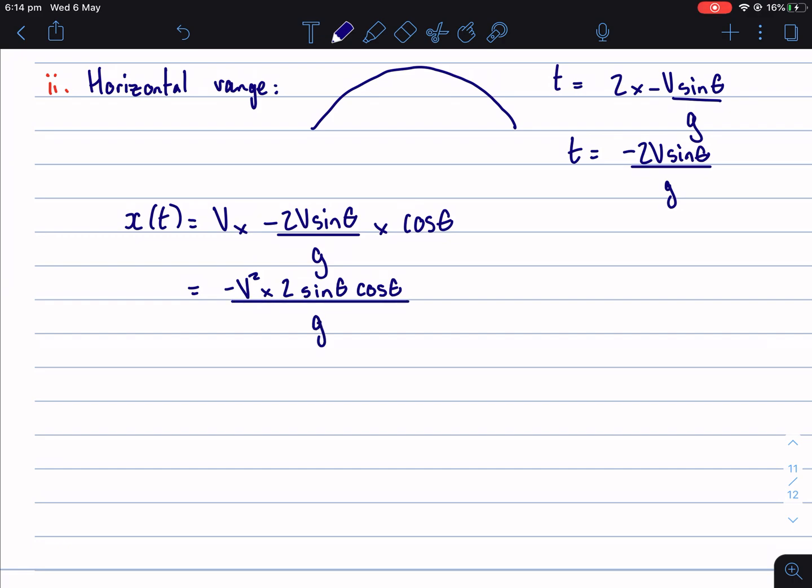Except I cannot remember for the life of me what that becomes. So I'm going to cheat. 2 sin theta. I'm Googling this. I cannot remember.